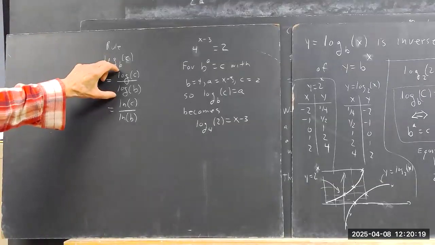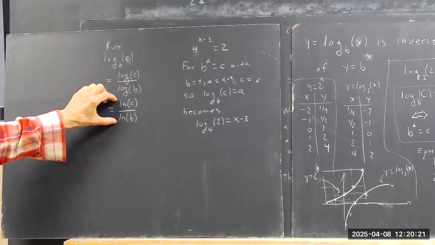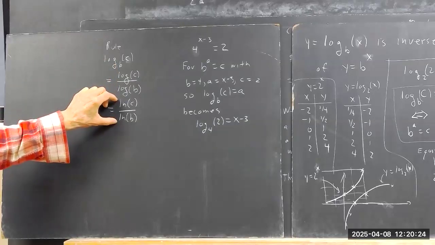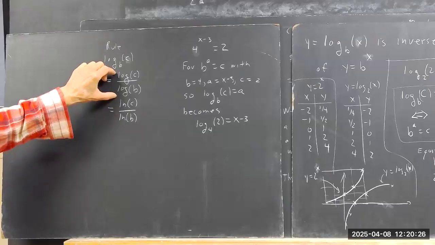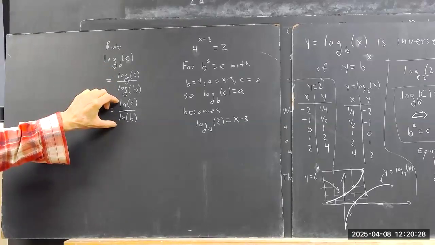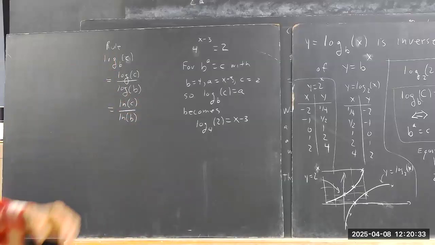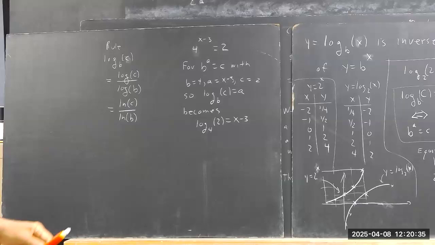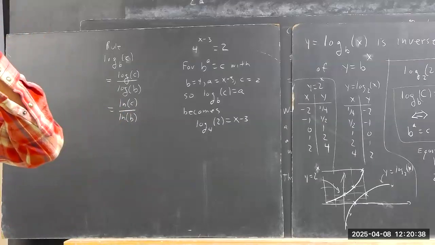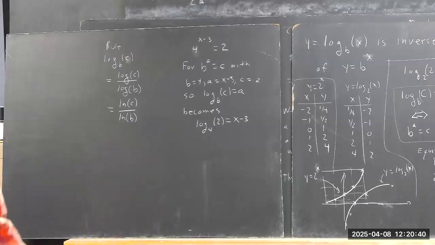You could use either log c over log b or ln c over ln b. You can use the log button or you can use the LN button, but don't use both buttons on the same calculation. Use one button or the other. And when you do that, you're going to get 1/2, aren't you? Punch that into your calculator, see if you don't get 1/2.